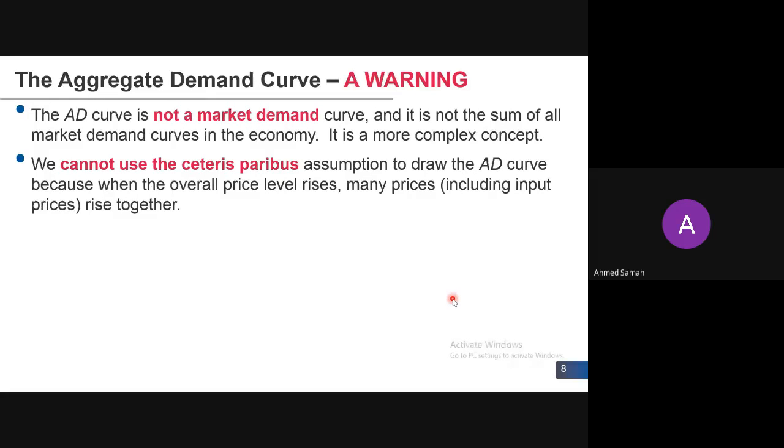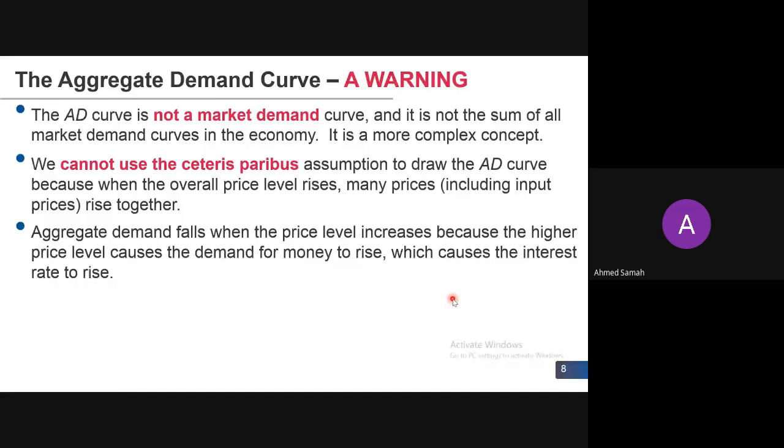So we cannot keep other things, such as input prices, constant. Because of that, aggregate demand is much more complex than a single market demand curve.